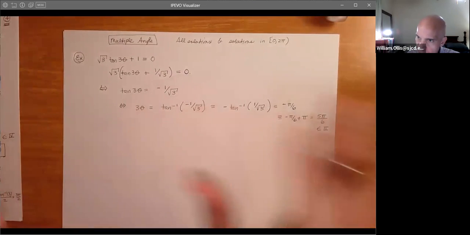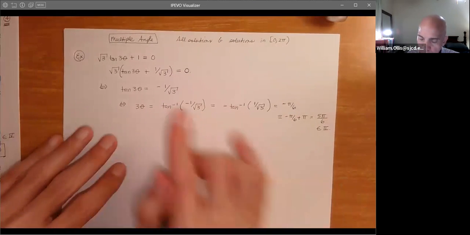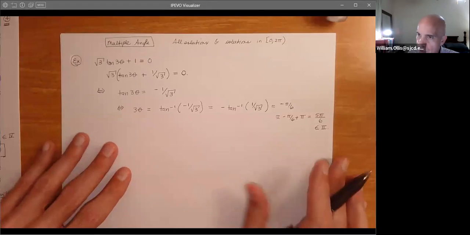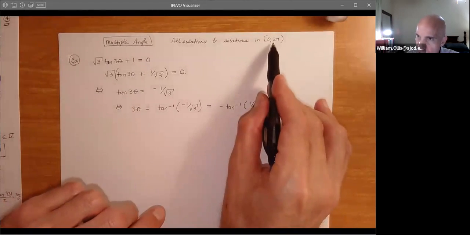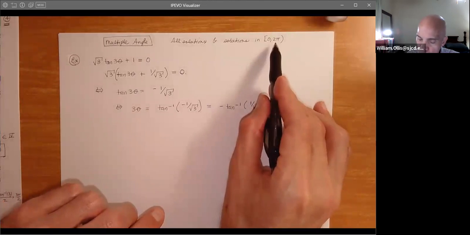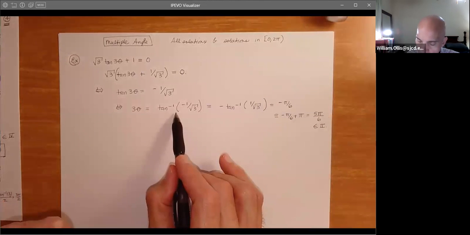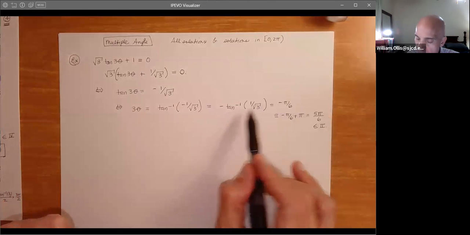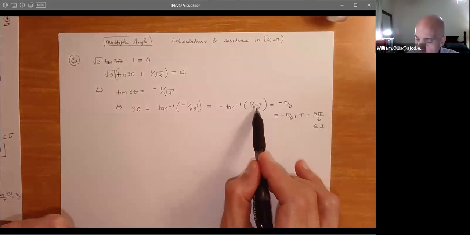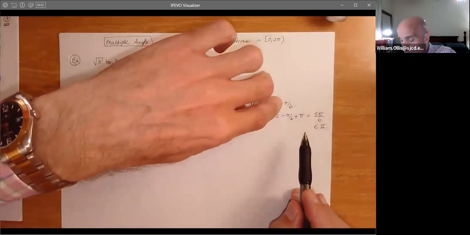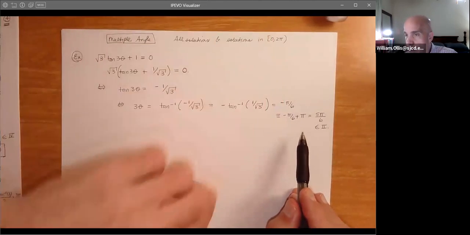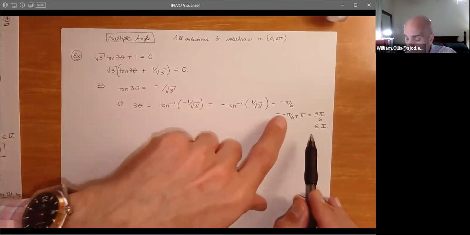So let me just kind of recap everything. Nothing has changed. Everything I've done is what I've done before. So we know that the goal is going to be this, at least when we restrict. So we apply the inverse tangent, we apply the fact that it's odd, and then of course we use the fact that this is a ratio that we find on the unit circle, namely pi over 6 with a negative pi over 6. And then of course that's in the 4th quadrant.